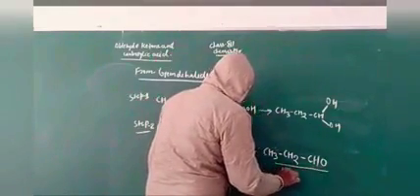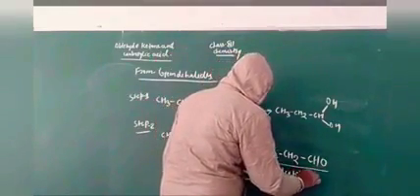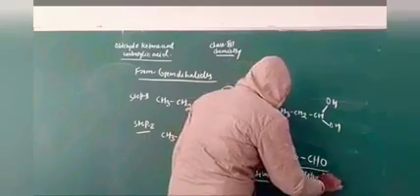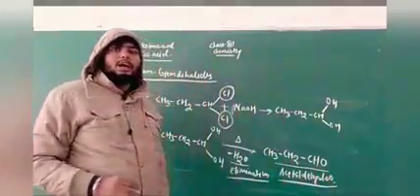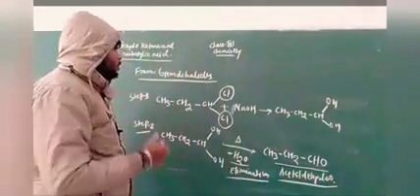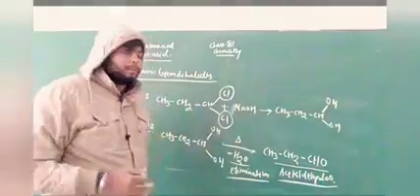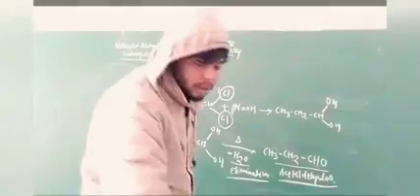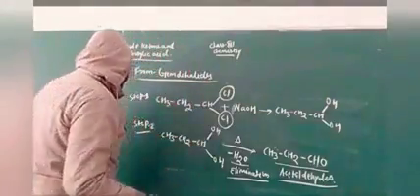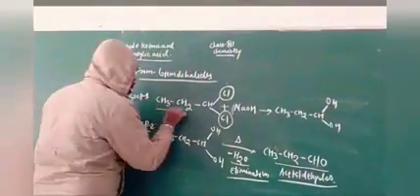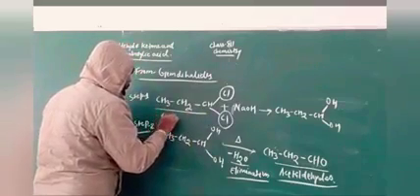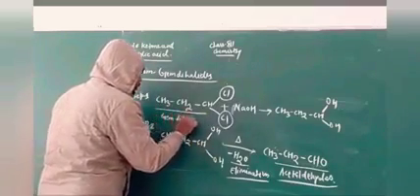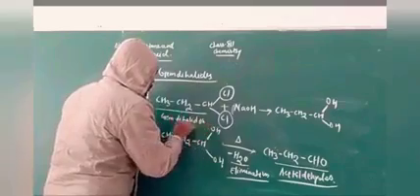This is acetaldehyde here. That means with the help of gem dihalide configuration, we can prepare the aldehyde in this way. Take a note for this. In terms of the reaction, we have to write the concept of this gem dihalide configuration.